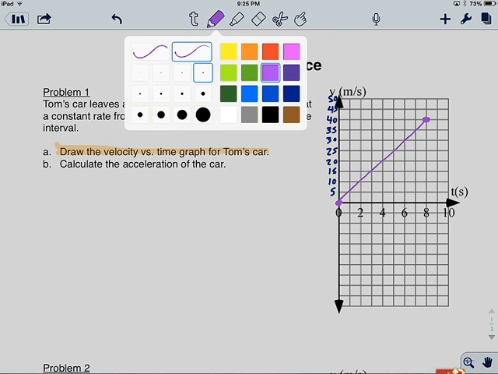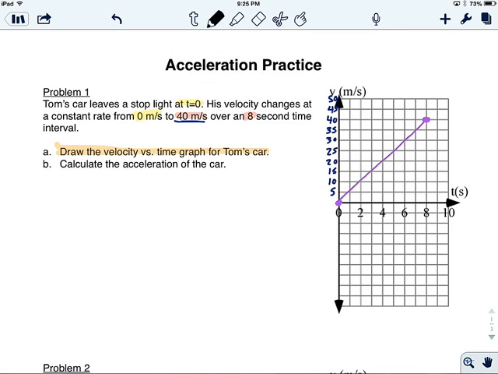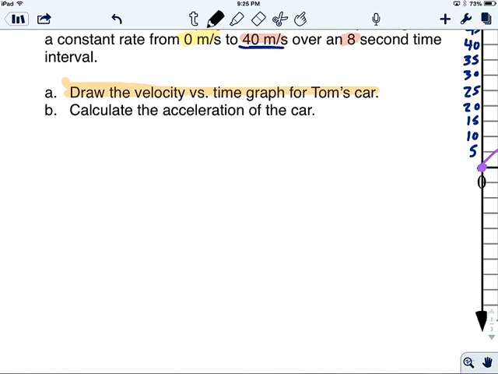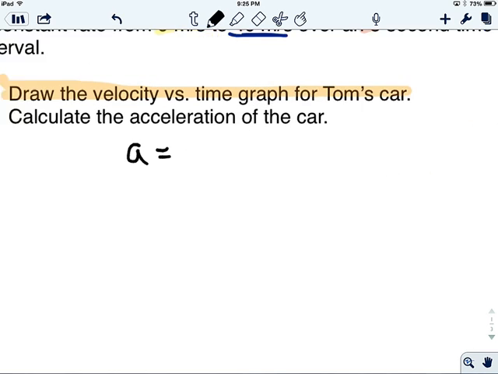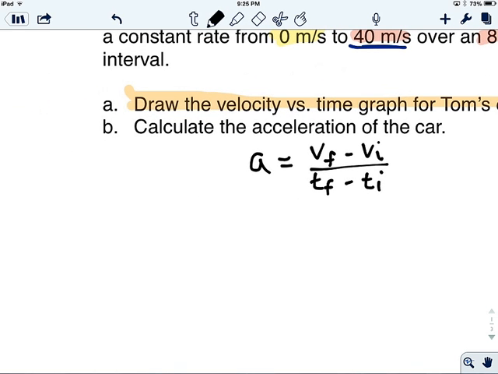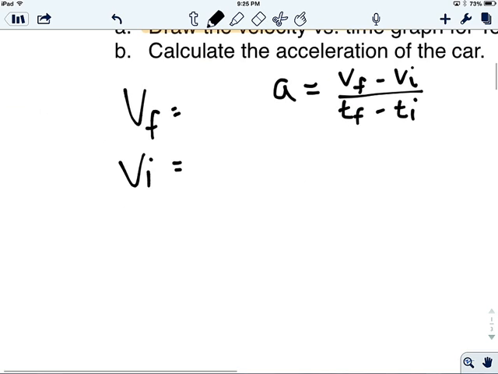Now it wants me to calculate the acceleration, so let's go down here and do that. Well, I know that my formula for acceleration is a equals vf minus vi, divided by tf minus ti. So what I'm going to need here are vf, vi, tf, and ti.